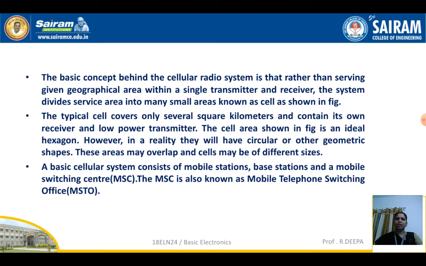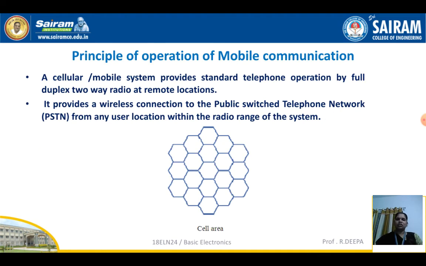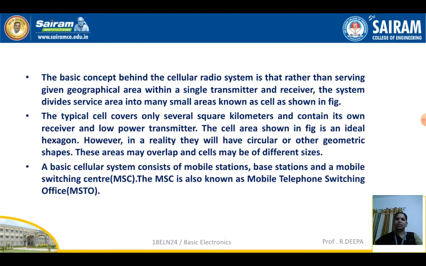The concept behind the cellular radio system is that rather than serving a given geographical area with a single transmitter or receiver, the system can be divided into small areas which we call cells. So this is what we have shown here. A big area is divided into small areas, and each area is named a cell.